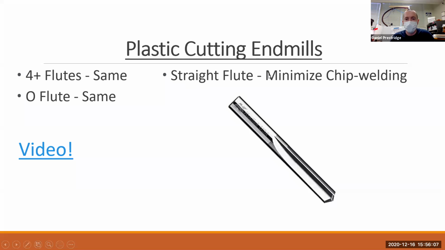So I like to use straight flutes, which are really good at evacuating chips. And with plastics, it doesn't experience those loads that it does with aluminum, so they don't need any kind of helix. You just take these giant chunks out of the material.